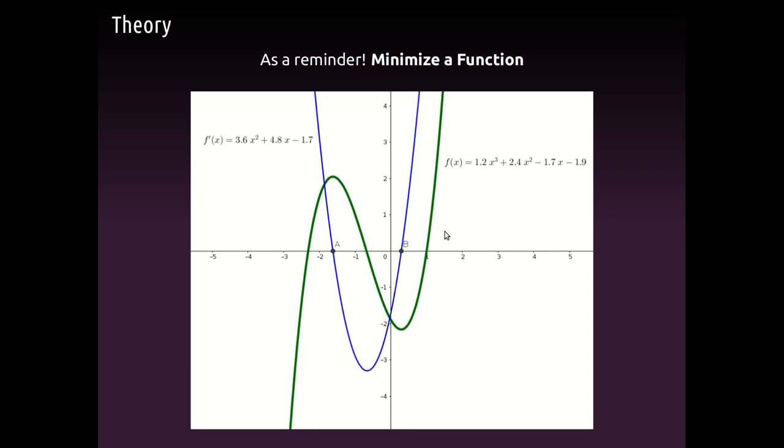Let's suppose we have this green function here, f of x, and we try to find the global minimum or global maximum of it. Here, as you can see, point A corresponds to the global maximum of f of x, and point B corresponds to the global minimum of f of x.